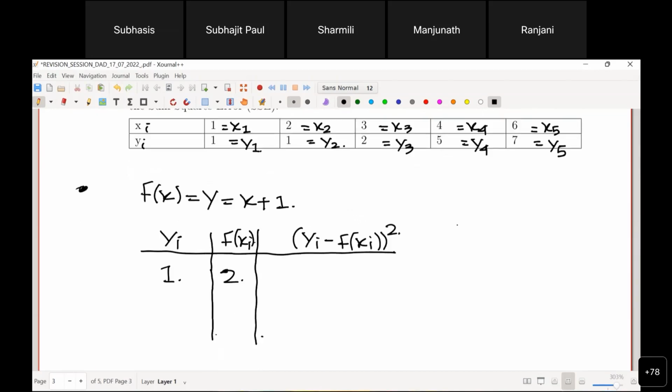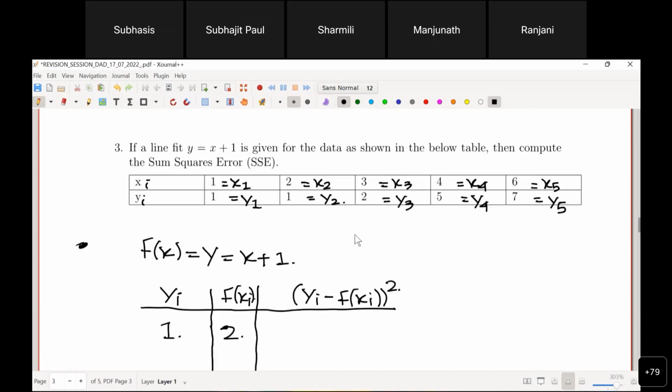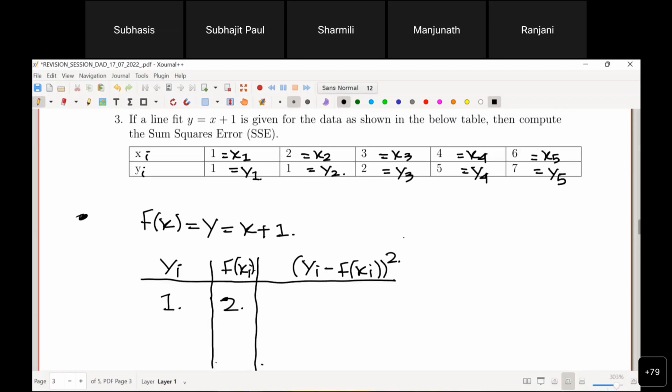And similarly, what is y2? This is actual data, and we are using this function to compute f of xi. So y2 is 1, and f of x2 is nothing but x2 plus 1, so this is 3, right?